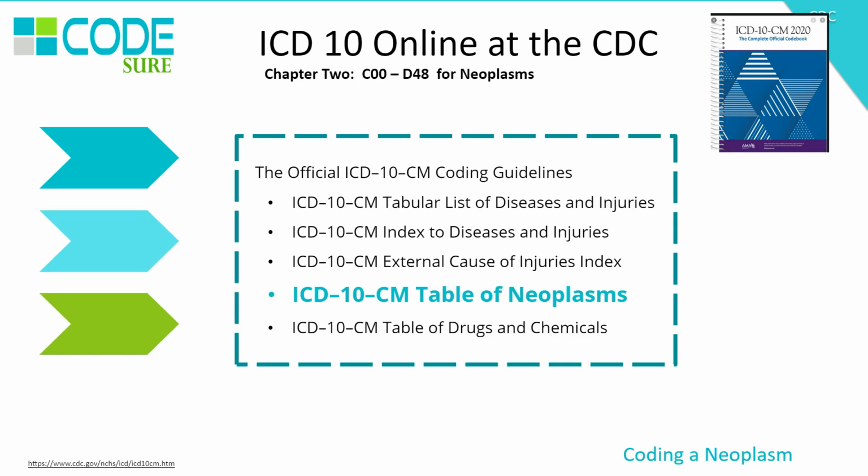The ICD-10 CM tables are listed here for your review. You can see the table of neoplasms found in the codebook, but we will access that table with the CDC Browser Tool and refer to the codebook for guidance. All the tables can be accessed through the Browser Tool. That includes the list of diseases and injuries, external causes of injuries, table of neoplasms, and the table of drugs and chemicals.